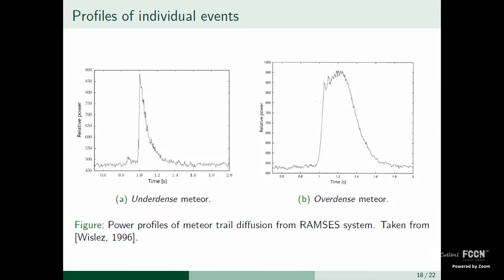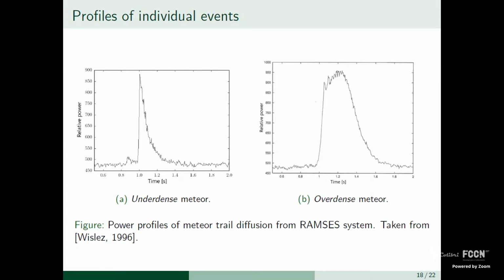If the density is low, we call these underdense meteors, and that means that the plasma is lower than the critical density, and each particle of the trail is scattering the wave, and it's very faint. Then the electrons are diffusing into the surrounding air, and it happens very quickly. So there is exponential decay, and it's on a scale of microseconds.